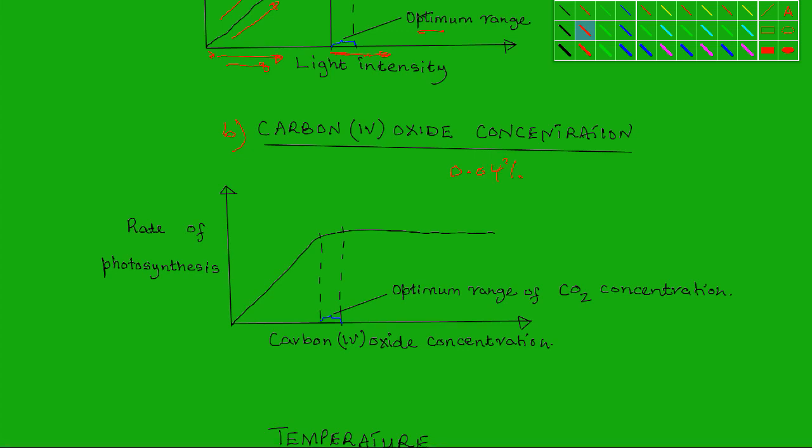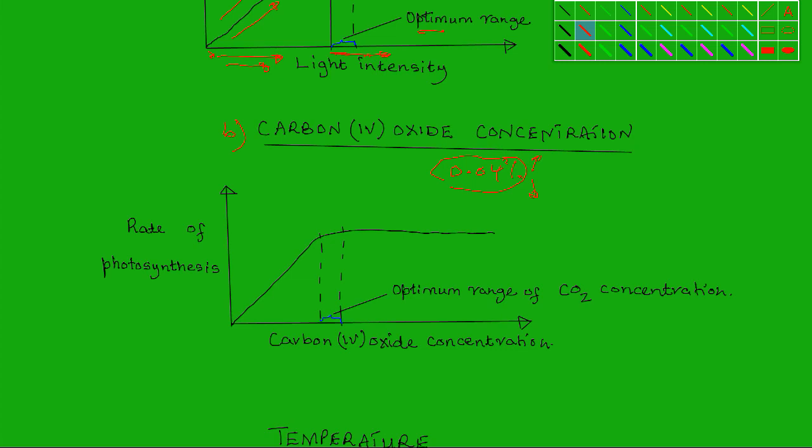There may be occasional small fluctuations, either rising above or below the 0.04%. Now, despite these occasional fluctuations, the level in the atmosphere remains remarkably constant. It's always at about this 0.04%.